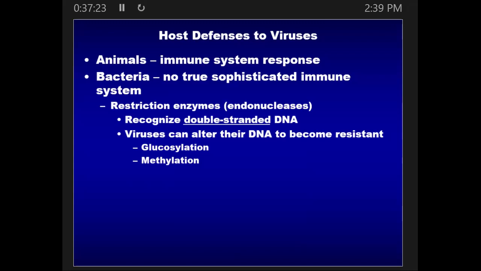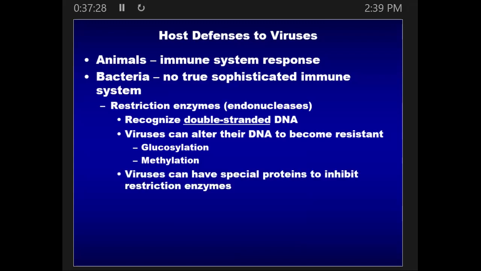So very, very quick to evolve and adapt. They're amazing that way. And then there's some viruses that even carry proteins with them that basically stop the restriction enzymes from doing their job. So viruses are even quicker to adapt than bacteria. And so they talk about this arms race that's continually going on between the host and the viral particle.